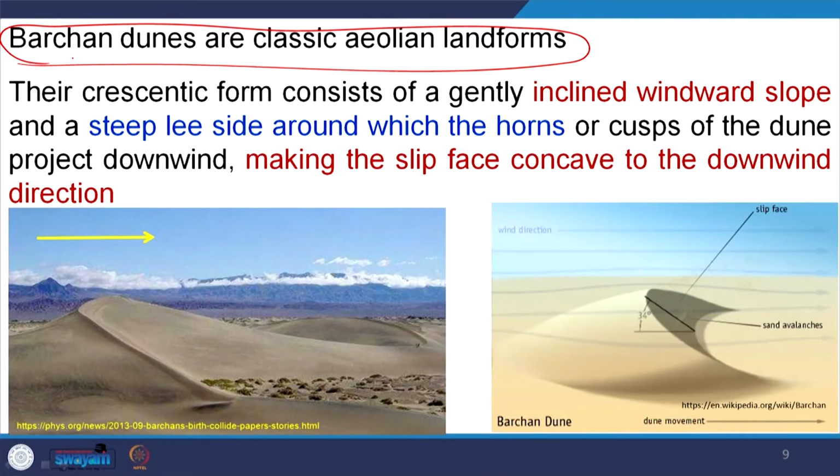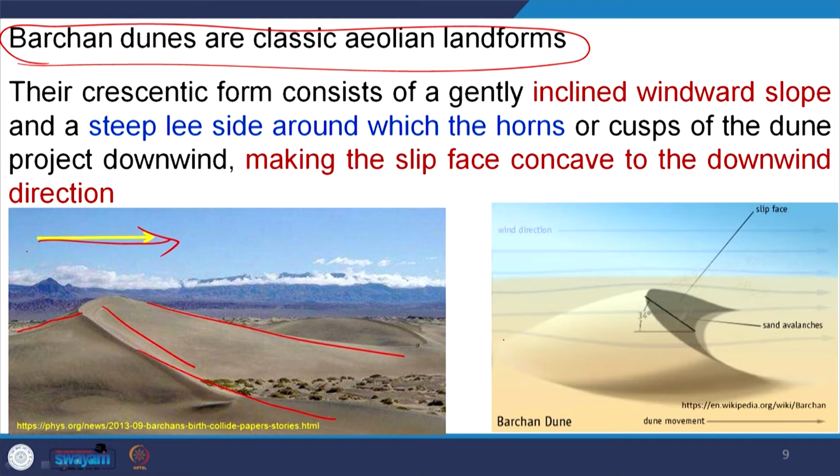Their crescentic form consists of a gently inclined windward slope and a steep lee side, around which the horns or cusps of the dune project downwind, making the slip face concave to the downwind direction. In this figure, this is the upwind direction and this is the downwind direction, the wind is blowing here, this is the gently sloping body and this side is the steep sloping one, and this is one horn, this is another horn.